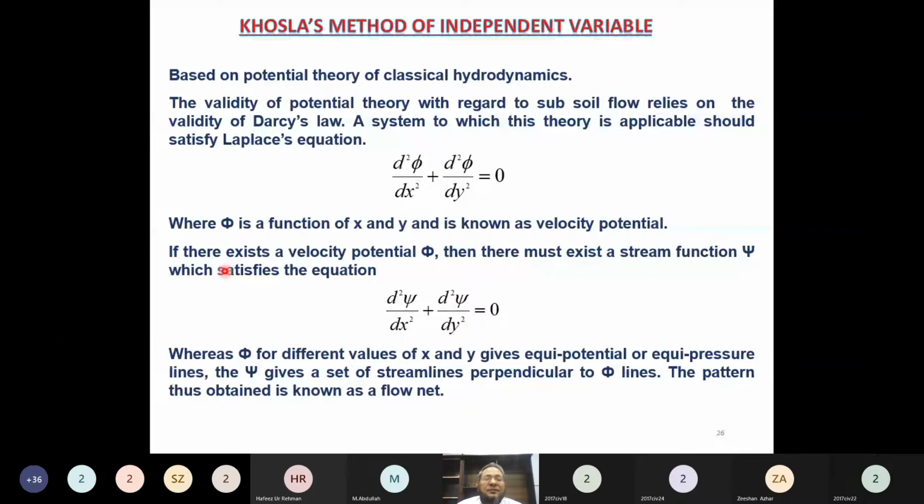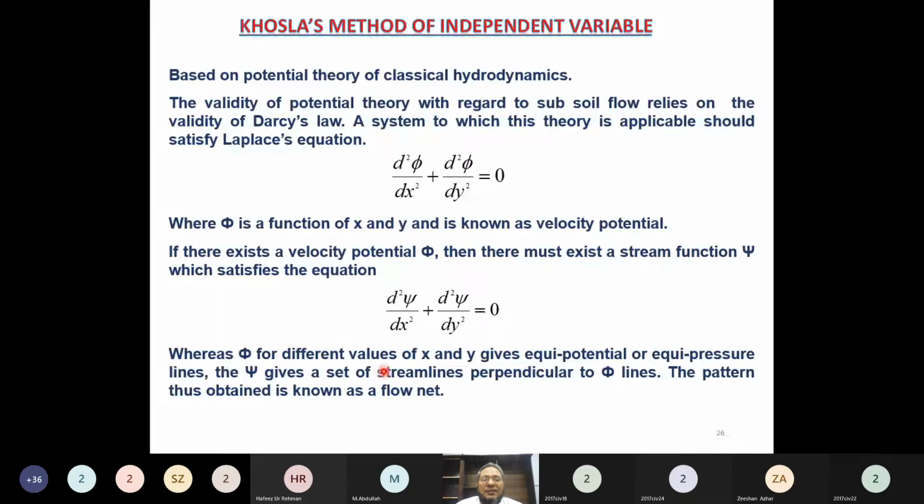Similarly, if there exists a velocity potential function, it means there must exist a stream function psi, which must satisfy this equation: partial d squared psi over dx squared plus d squared psi over dy squared is equal to 0. And this is again one more Laplace equation, but this is the Laplace equation for psi.